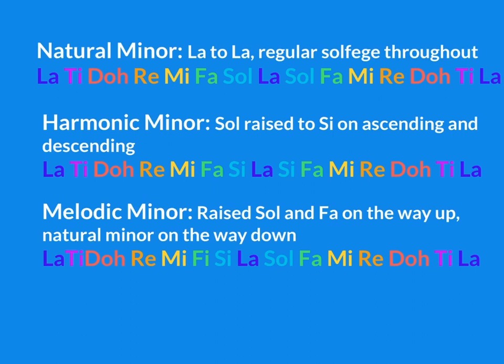The harmonic minor scale is like the natural minor scale, except that Sol is raised to C on both the ascending and descending scales. La, Ti, Do, Re, Mi, Fa, Si, La, La, Si, Fa, Mi, Re, Do, Ti, La.